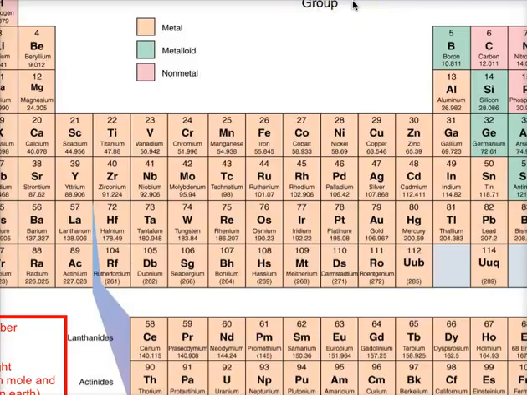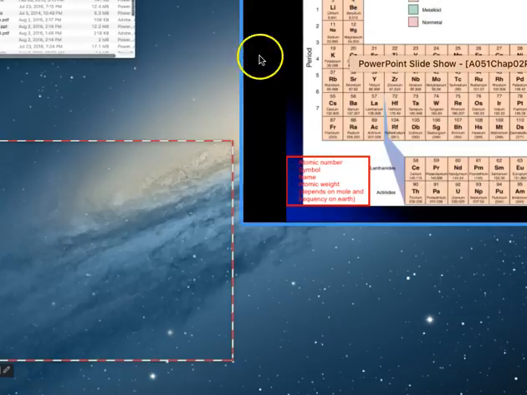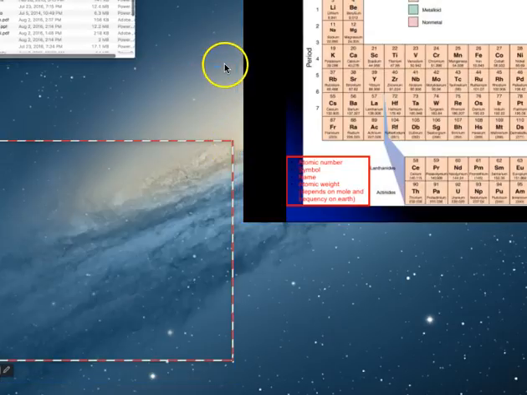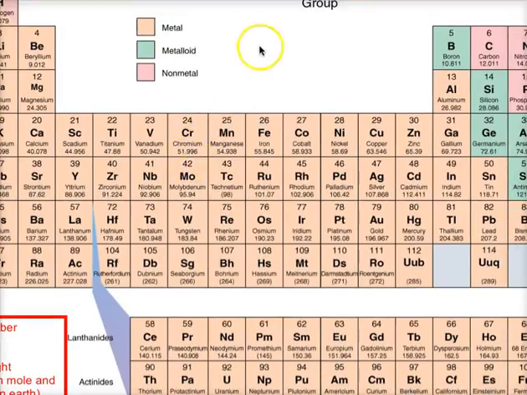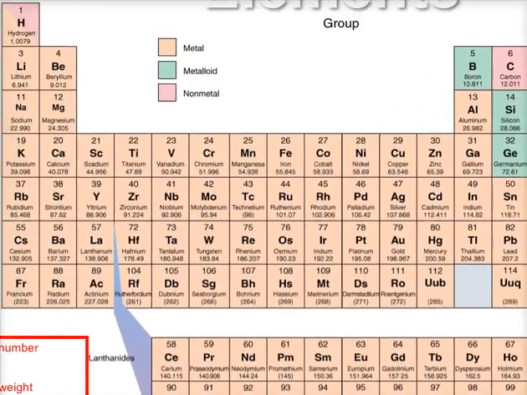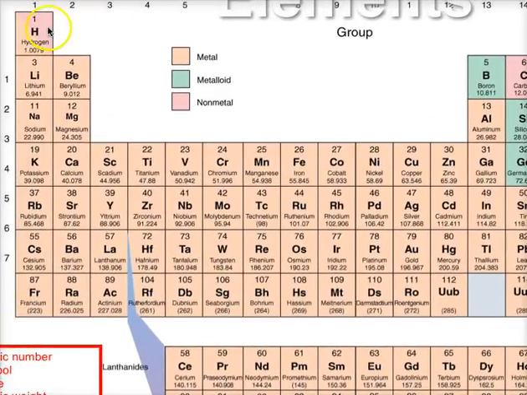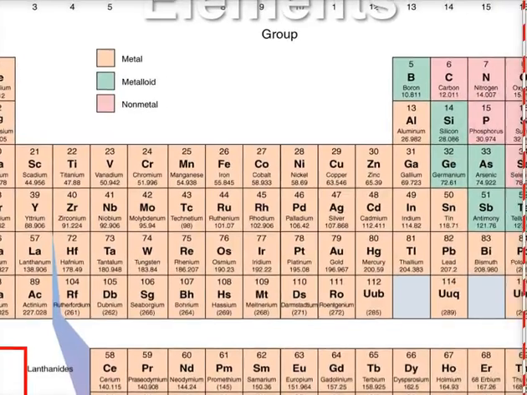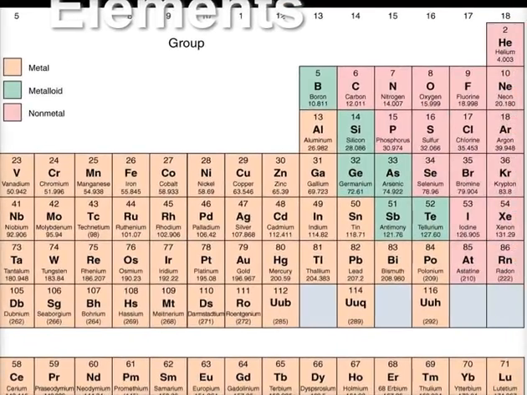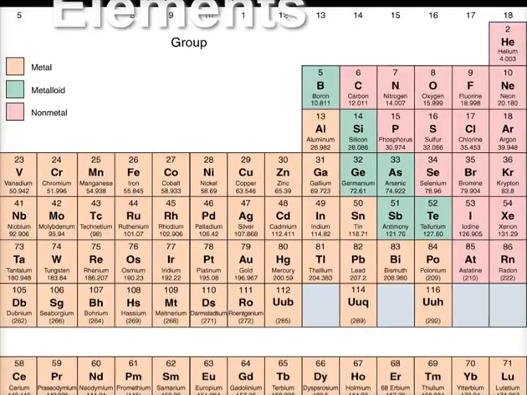This is one of the key things associated with history, and we start off here with hydrogen, and as we go down one particular column, we get heavier and heavier materials, and then as we go across, we get heavier and heavier as well.